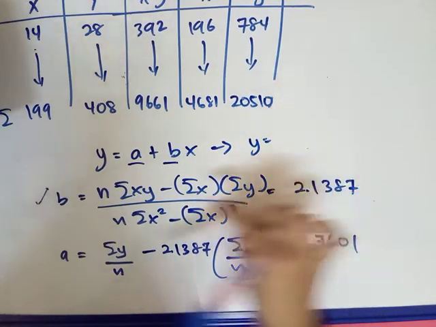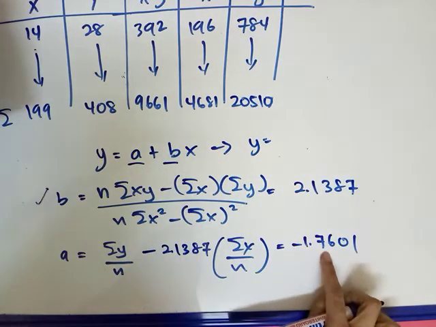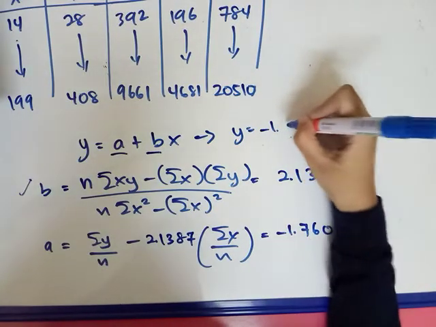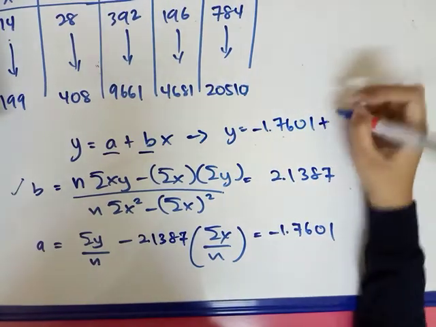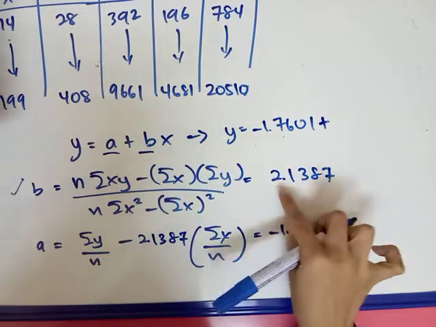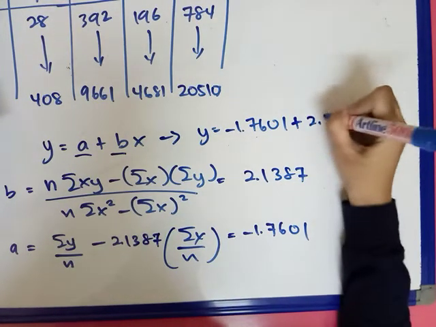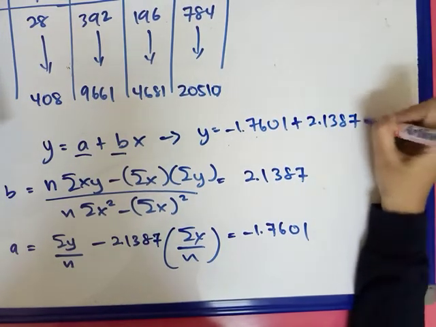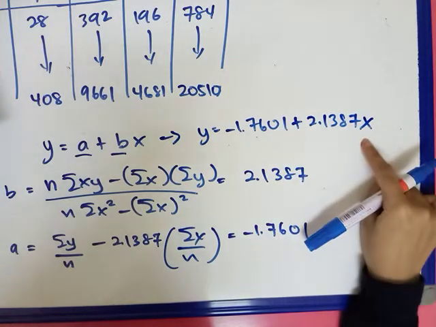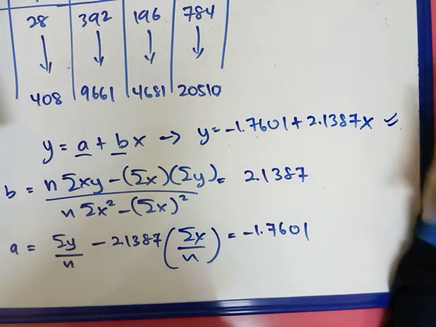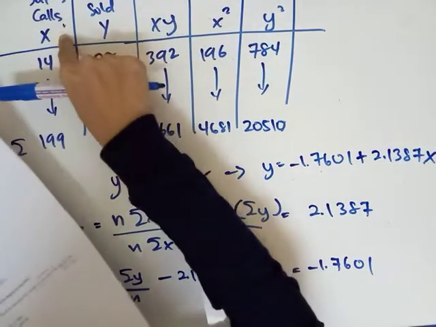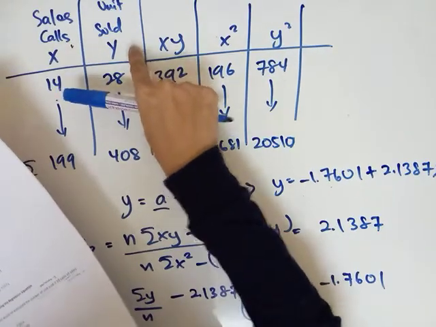Y equals, since a we get negative 1.7601, and then plus bx. b is 2.1387x. So, this is the equation between the two variables. Two variables, that means sales cost and units sold here.